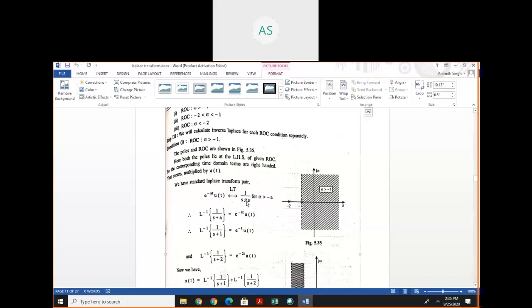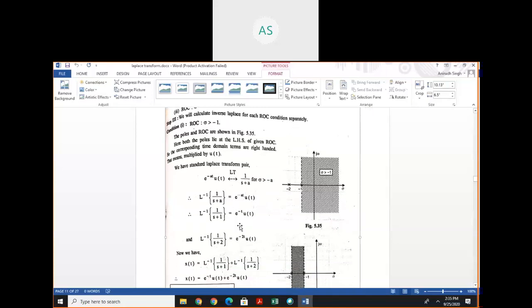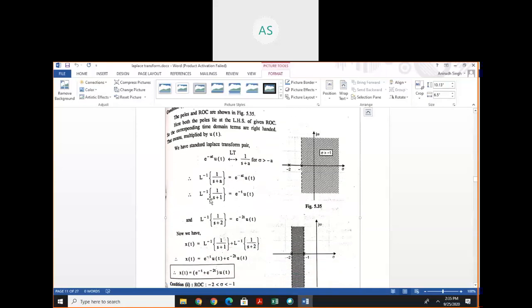There are three possible ROC conditions. First is ROC greater than minus 1, second is ROC in between minus 1 and minus 2, and third is ROC less than minus 2.